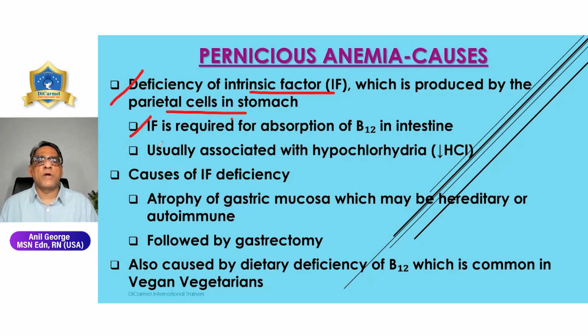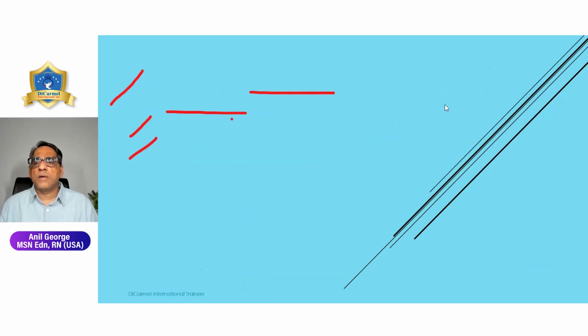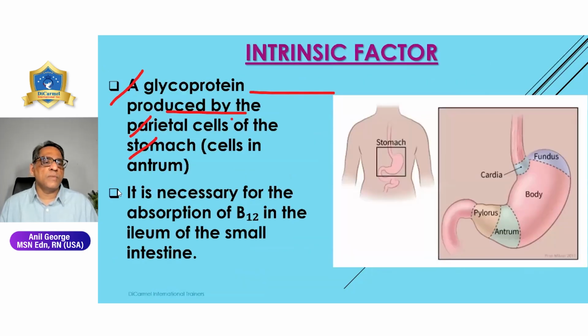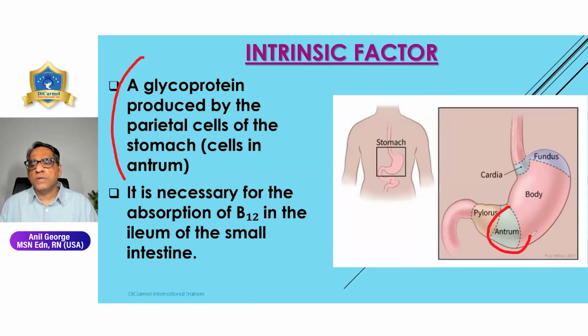And it's usually associated with hypochlorhydria. Now let me show you this image right here. This intrinsic factor is a glycoprotein produced by the parietal cells of the stomach, and those are cells here within the antrum. So that's the area which has the parietal cells.